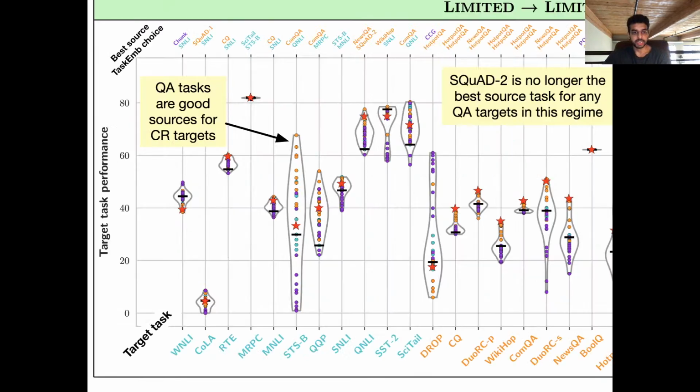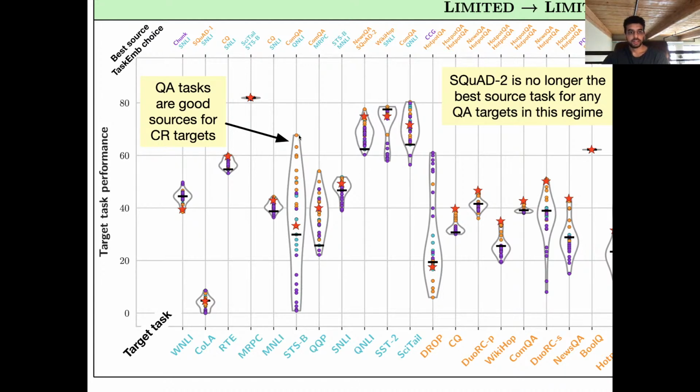Let's zoom in and see what kinds of intuitions we can take away from this. These blue tasks here are all classification data sets. And it turns out, kind of weirdly, that the best intermediate tasks for many of these classification data sets are actually QA tasks.